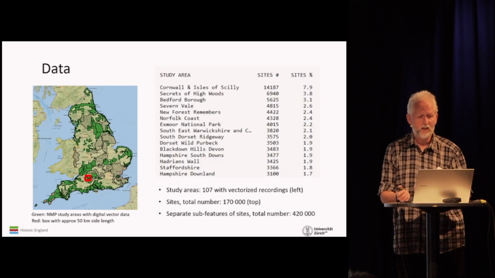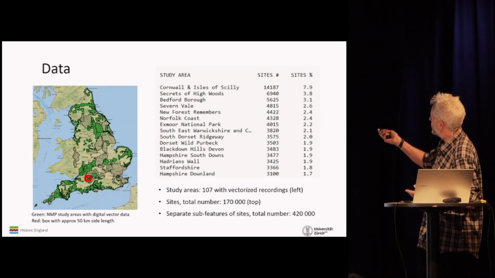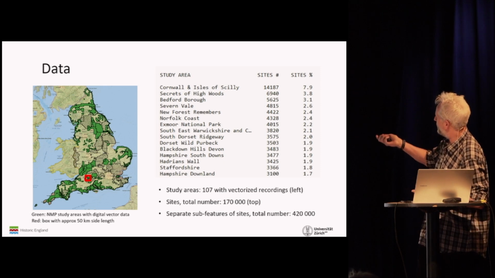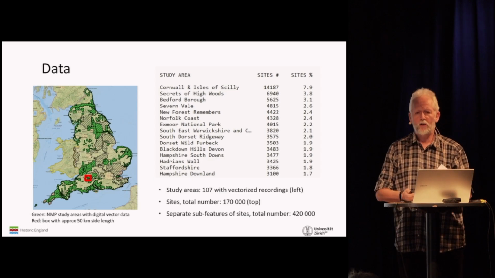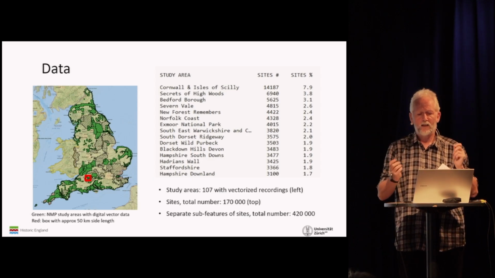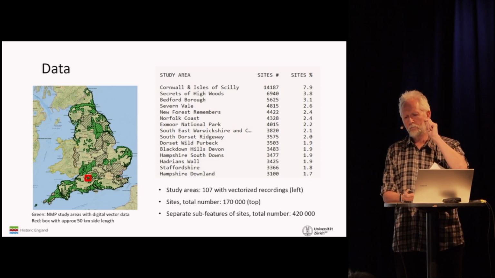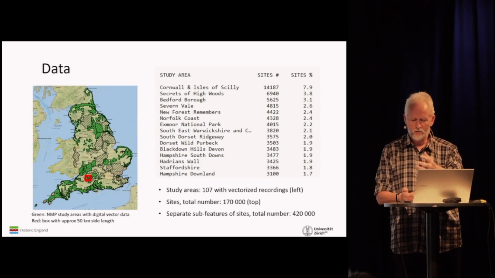And here you can say, when we say we've got a lot of sites, we've got 107 project areas, we've got literally tens of thousands of records, each of which has a physical depiction on the map, as well as a monument record that records, as I say, period and type, etc.